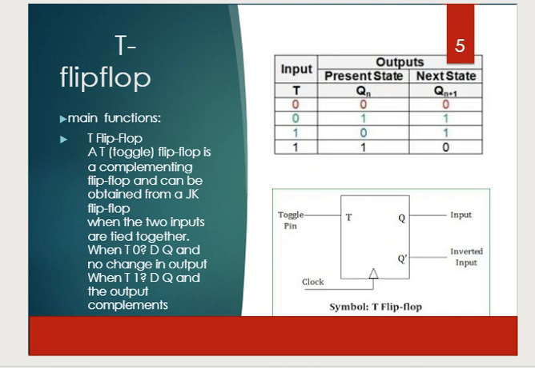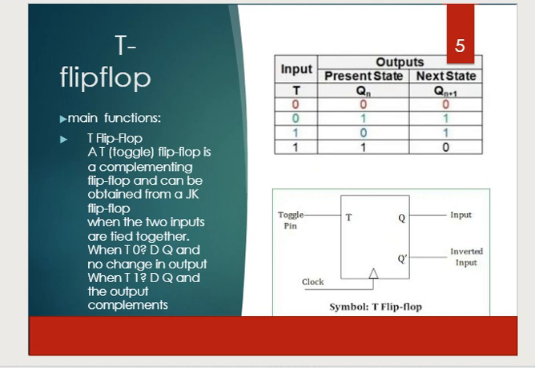There is no change in the output when T is 0, and the output complements when T is 1. So there is only a single input for J and K.